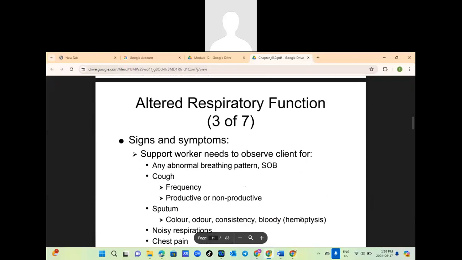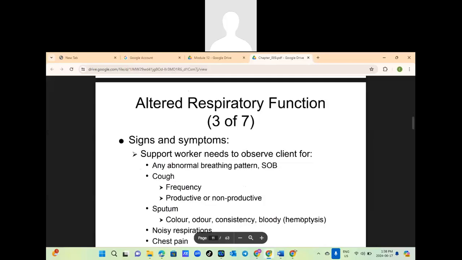Productive or non-productive? When you say productive coughing, when I cough, you can hear a phlegmy sound, like a wet sound. That is productive, especially if they are able to expectorate, able to cough out the sputum.